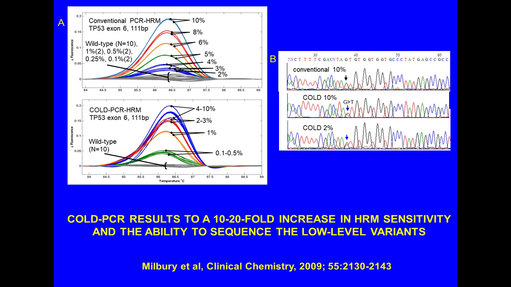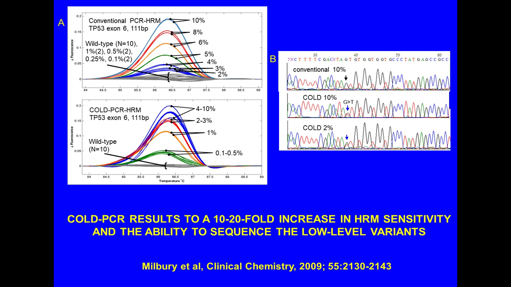If you apply COLD-PCR, you get a very significant improvement in the LOD, the lower limit of detection. 0.1 to 0.5% can be detected very easily. And importantly, one is able to sequence the product because although HRM is very easy to use and basically very low cost and low effort, it won't tell you where the mutation is.